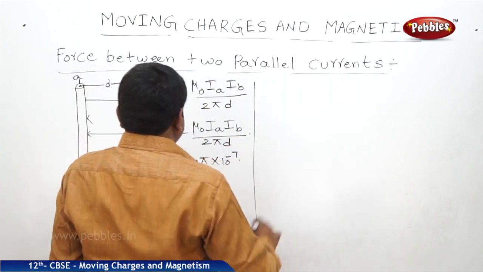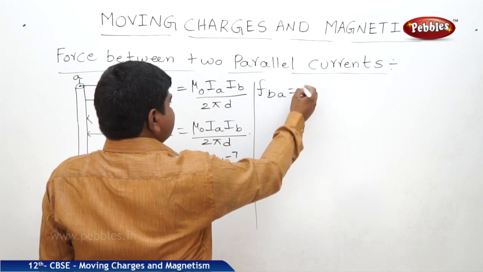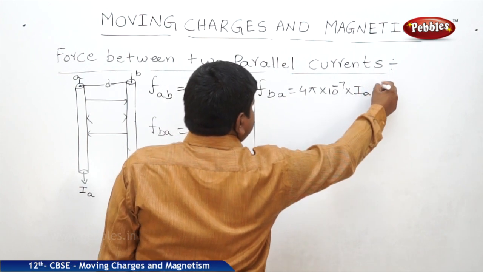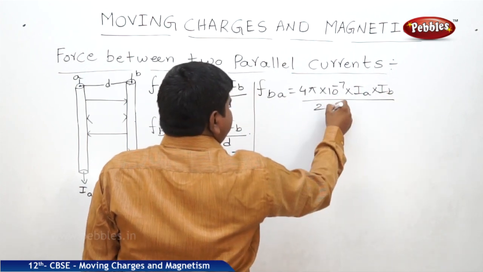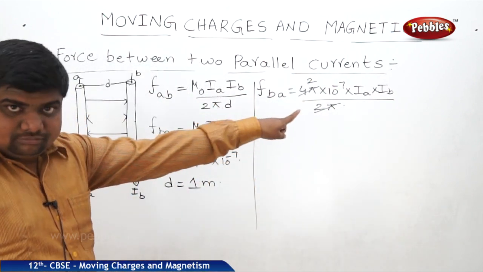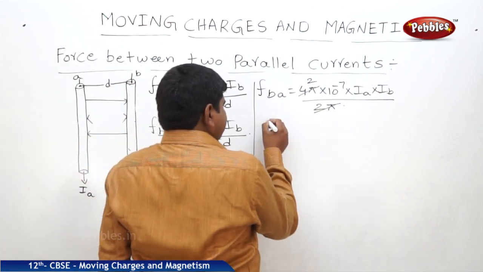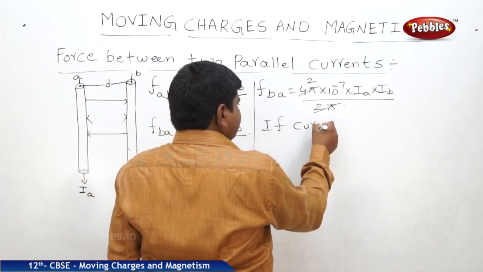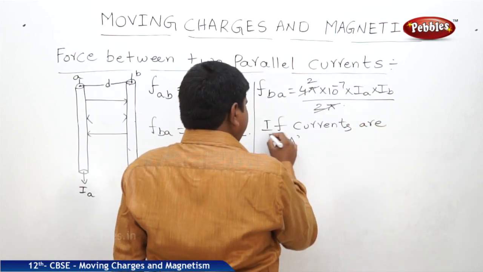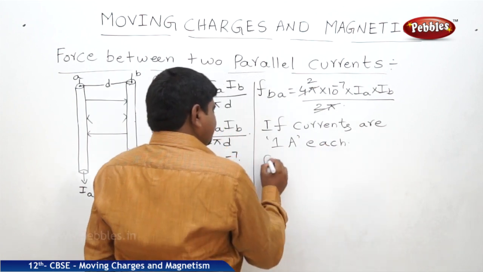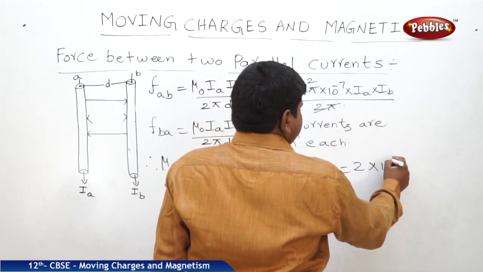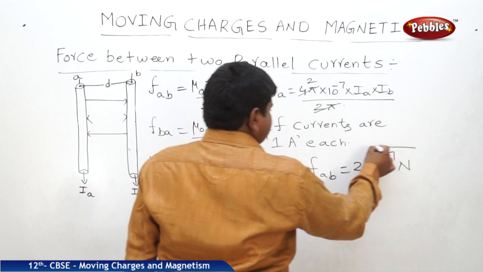Substituting these values, FBA is equal to 4 pi into 10 to the power of minus 7 into IA into IB by 2 pi into 1. If the currents are 1 ampere each, then FBA is equal to FAB is equal to 2 into 10 to the power of minus 7 newtons.